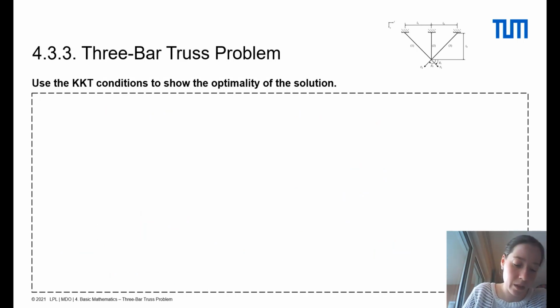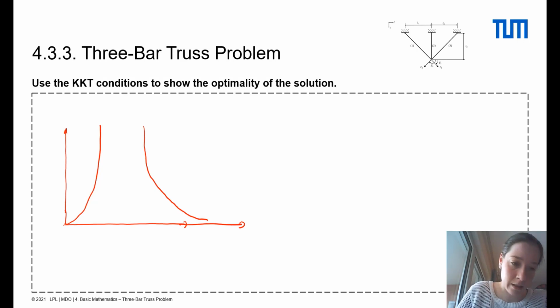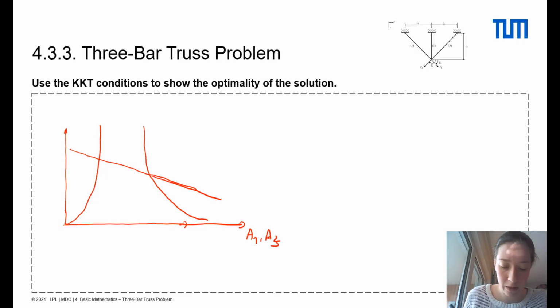And we can also look at the geometric interpretation. If you remember, we had g3 here, g1 here, and then we had a g2, which was somehow here. So we got A1 and A3, and here we have A2.